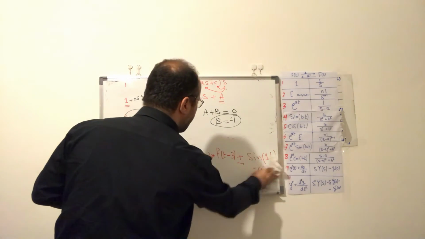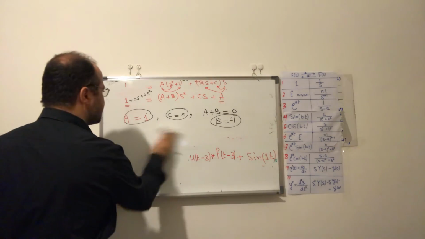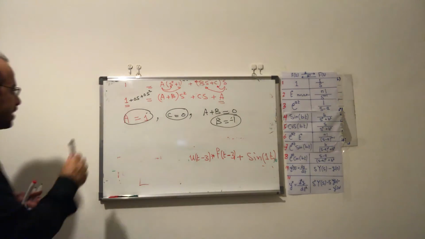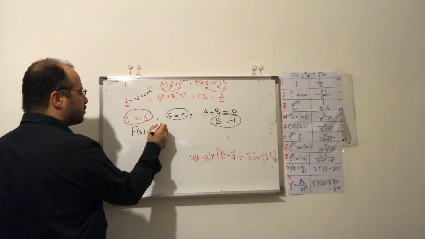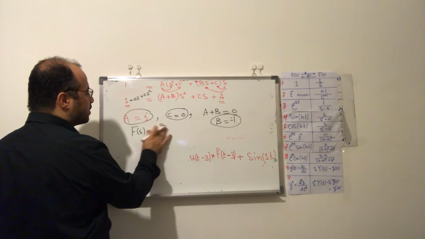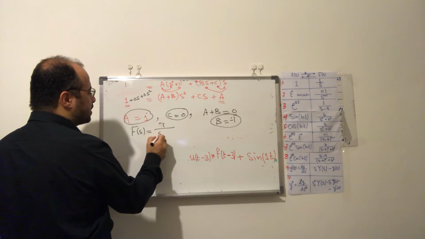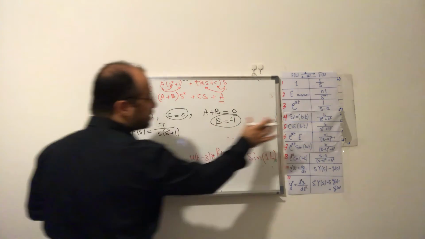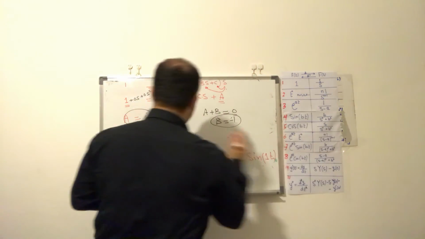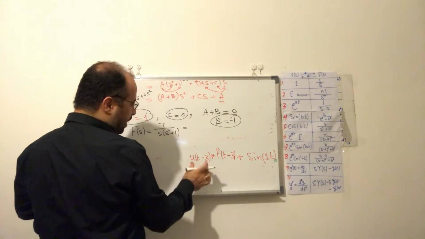What I got now for F big of s is a nice function now. F big of s was not nice, it was 1 over s times s squared plus 1. It was not nice because it is not in the second column. Now, is it nice after that?